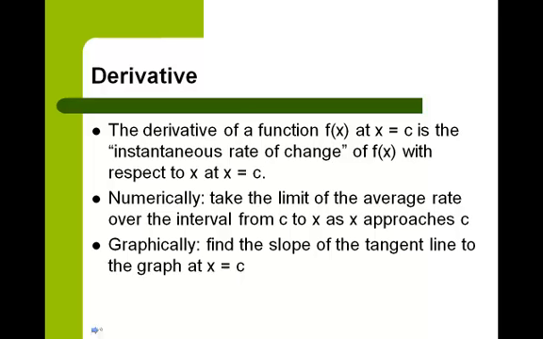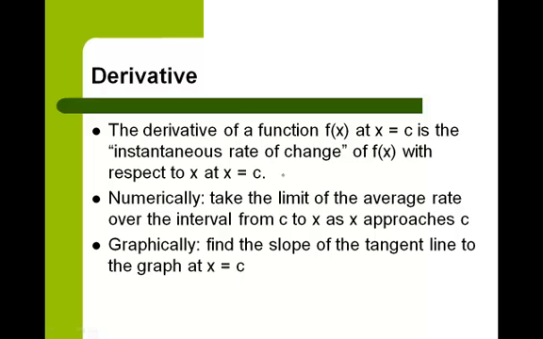Now that you've examined looking at derivatives or instantaneous rates of change through a variety of methods, we're going to write down a few definitions. First being the derivative. The derivative of a function f of x at x equals c is the instantaneous rate of change of f of x with respect to x at x equals c.